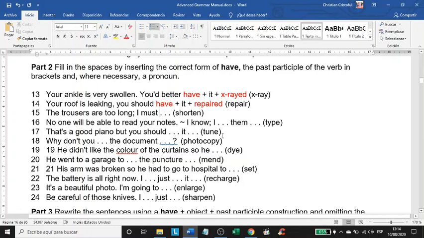So I must have them, because trousers is always plural, shorten. But we need to put the past participle form. Shortened, like this. I must have them shortened. Okay? Clear? Remember, if you have questions, ask.